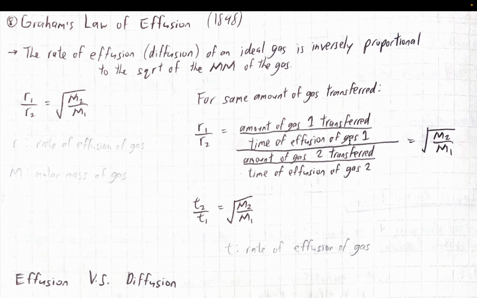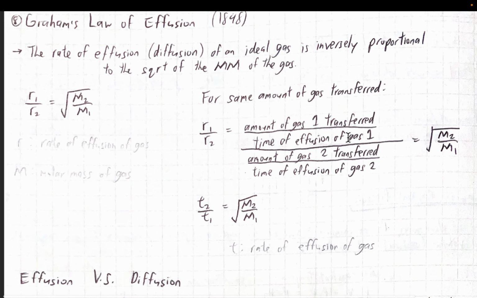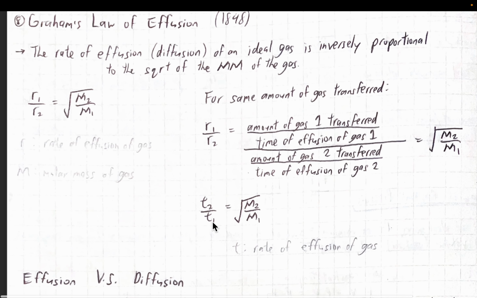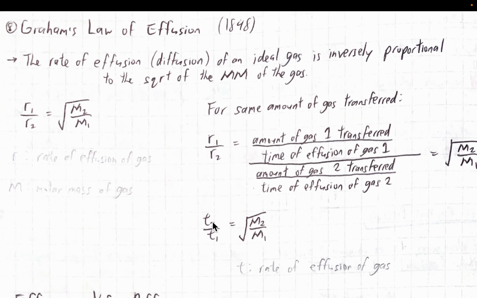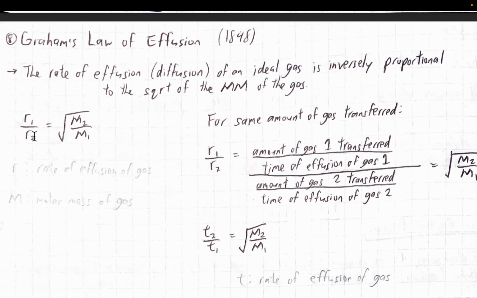So you can say that, how do we transform this algebraically? The time of effusion of gas 2 goes to the numerator, and time of effusion for gas 1 goes to the denominator. So essentially, how you understand this formula is, we have R1 over R2 equals the square root of M2 over M1.